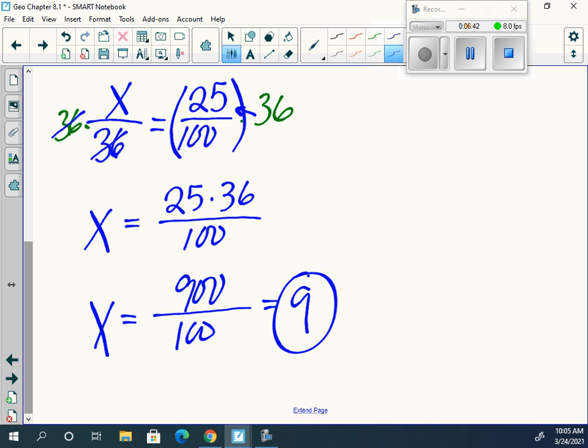So the area of our smaller figure is 9. And we could put units on it, which would be centimeters squared. So this would be 9 centimeters squared, the area of the smaller figure. Any questions on this here?